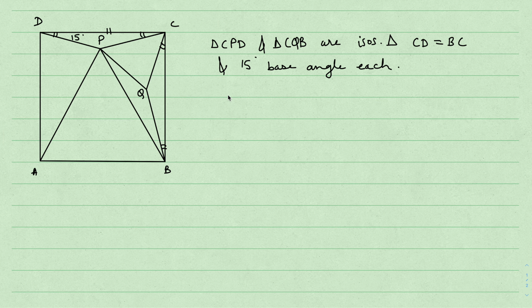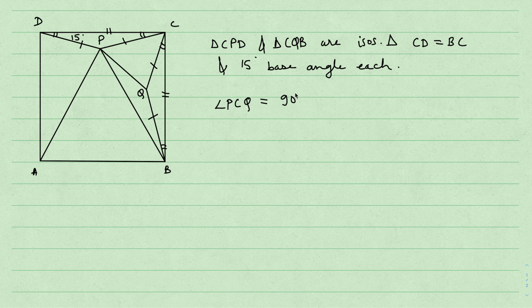So if they are congruent, then side PD equals PC due to isosceles triangle, which is equal to CQ and BQ, right? But now let's look at angle PCQ.